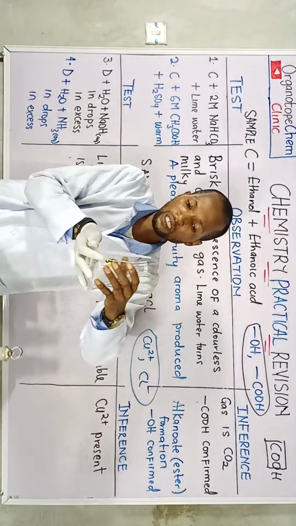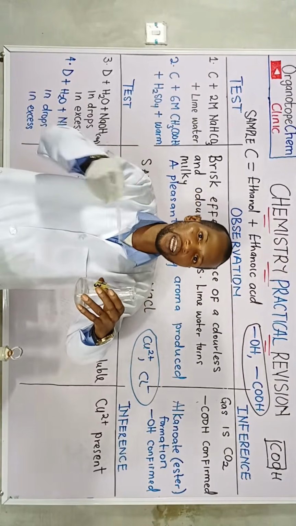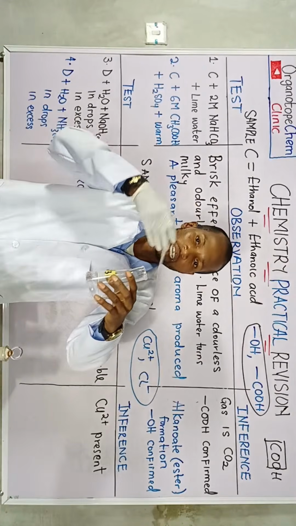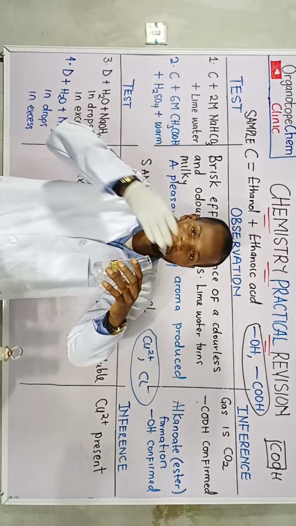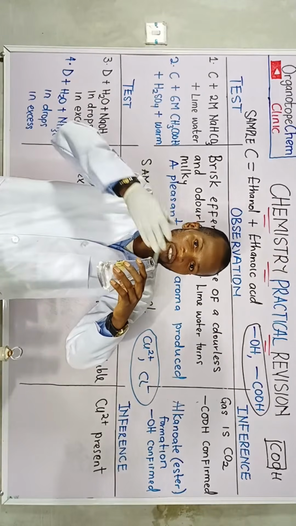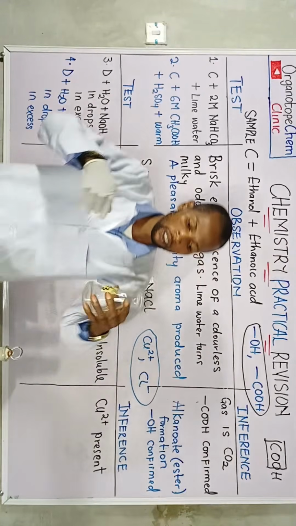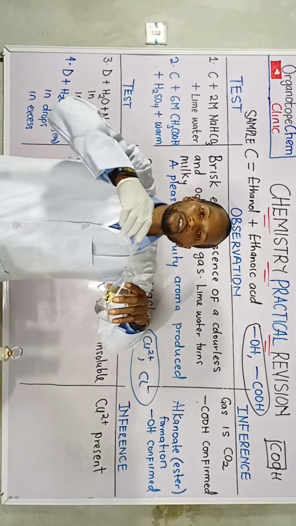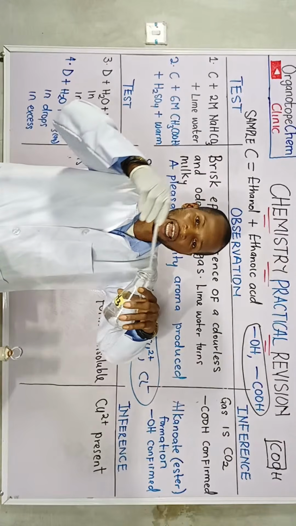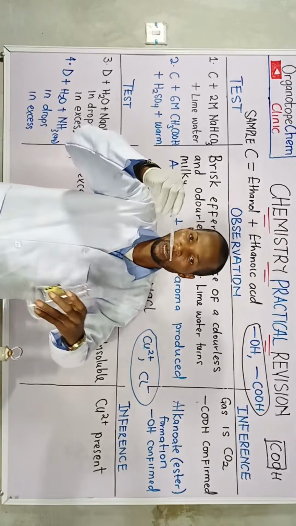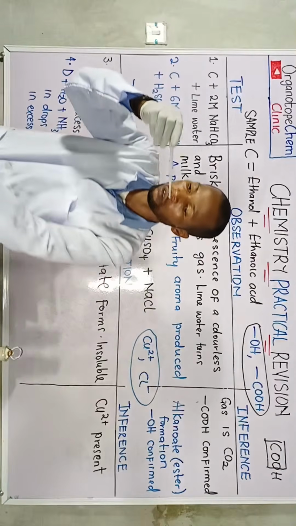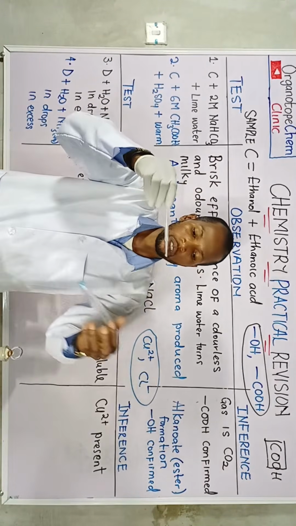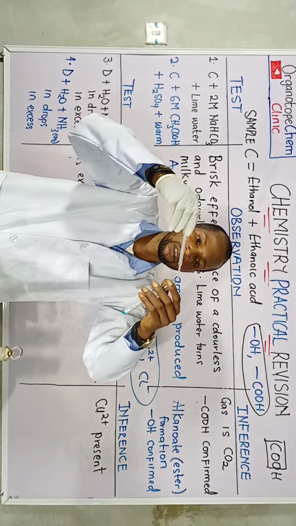You can actually perceive the smell any time you are conducting the qualitative analysis. It has a characteristic urine smell. If your dropper is not in good condition, you slant the dropper. I'm also using a dropper that is not in good condition, so you slant it. So we are going to add in drops.